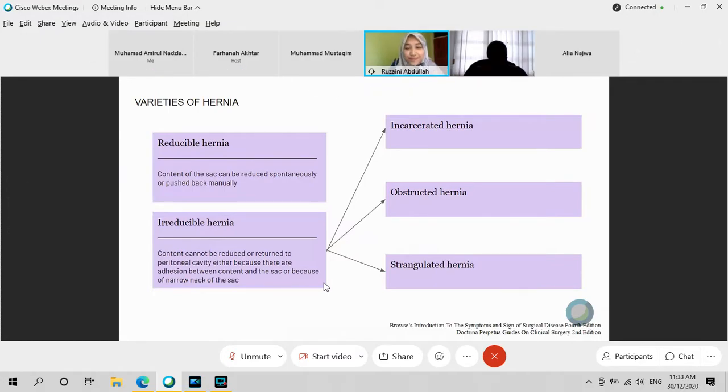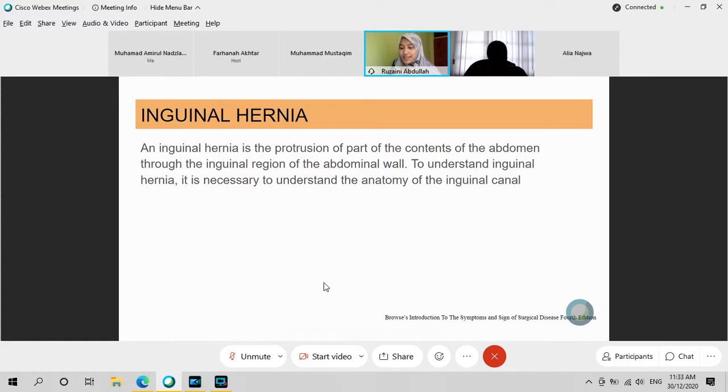Okay, I will present about the inguinal hernia. This is the definition directly from Browse. I referred to the Browse book. An inguinal hernia is the protrusion of part of the content of the abdomen through the inguinal region of the abdominal wall. To understand the inguinal hernia, it is necessary to understand the anatomy of the inguinal canal.